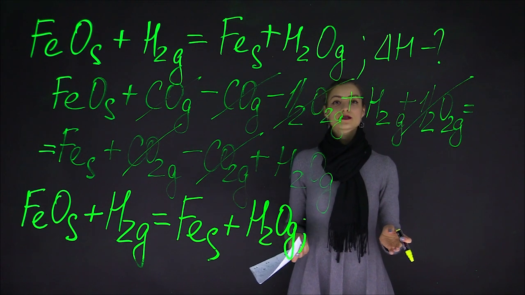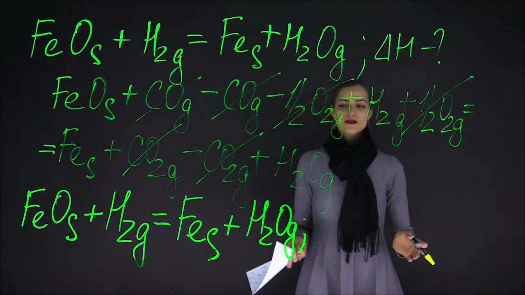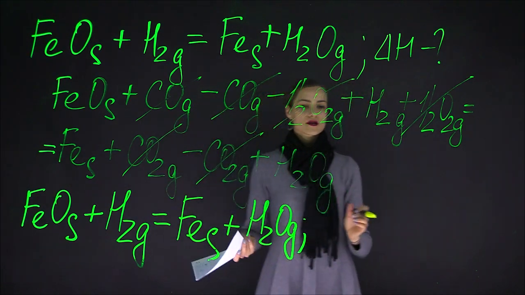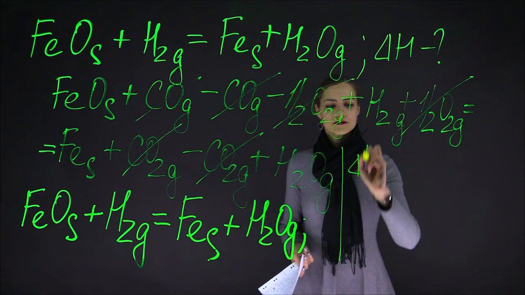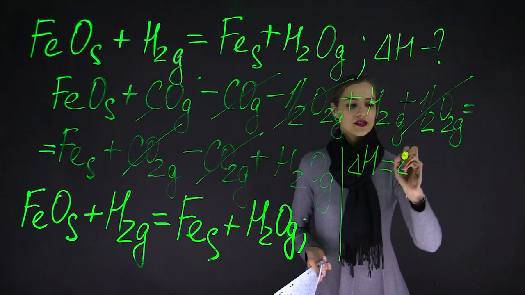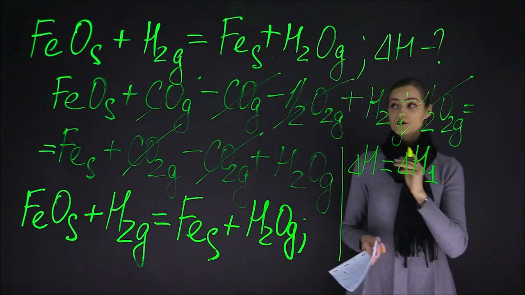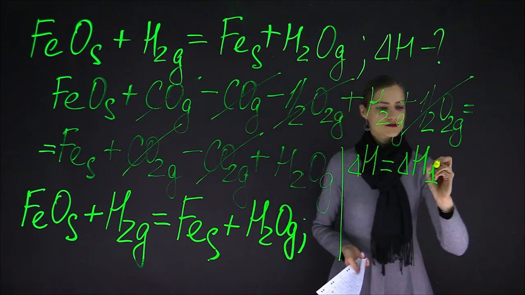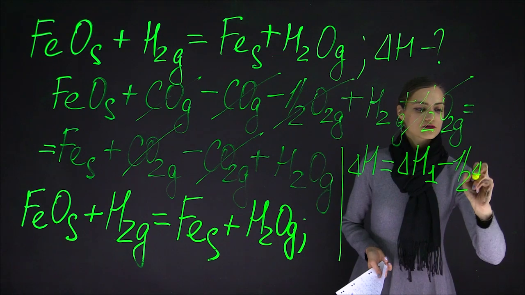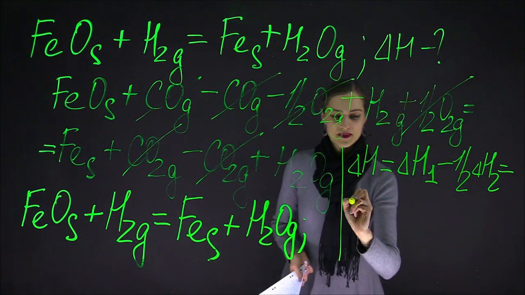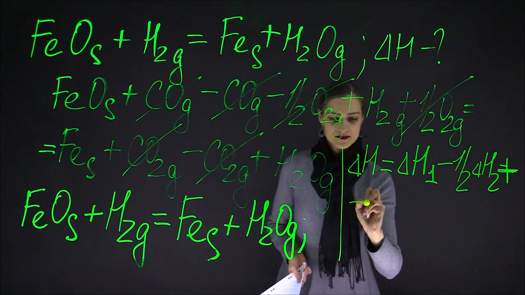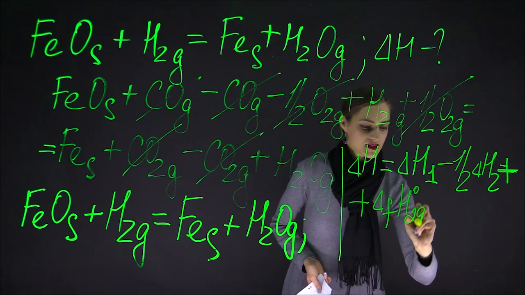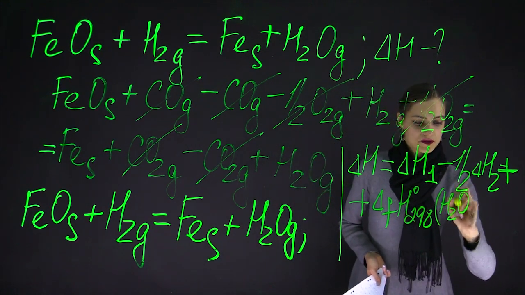Well, but how to calculate the heat effect of this reaction? In this situation, we can make the same algebraic operations which we made for the equations. So, the heat effect of the overall reaction will be the heat effect of the first reaction, then we subtract the second reaction and we divide the second reaction by 2, so minus half of the heat effect for the second reaction, and plus the standard heat of formation for water vapor.